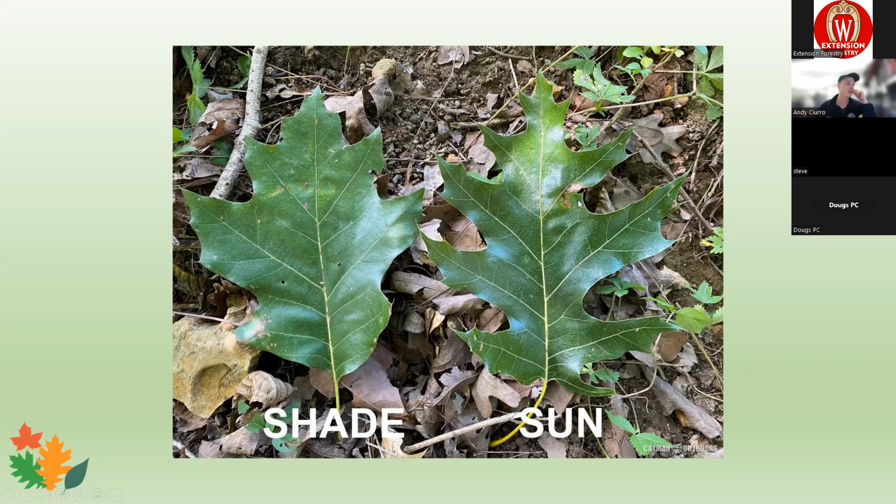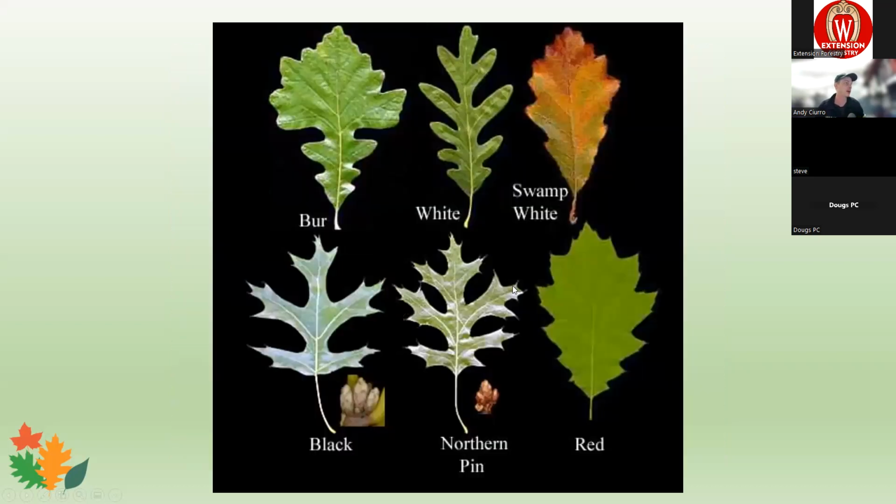And then at the top of the tree, you'll have a more deeply lobed shape. So leaf shape can vary on the tree itself too. Just something to keep in mind. Here are those other species I mentioned.